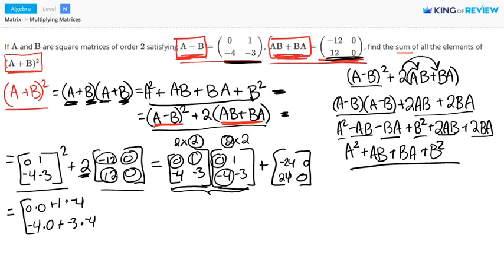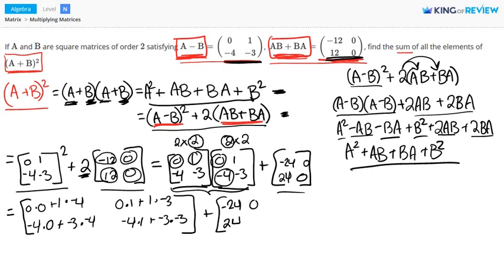Moving over to the second column, we have 0 times 1 plus 1 times negative 3. And the last entry is negative 4 times 1 plus negative 3 times negative 3. And again, we're adding this matrix here, negative 24, 0, 24, 0.